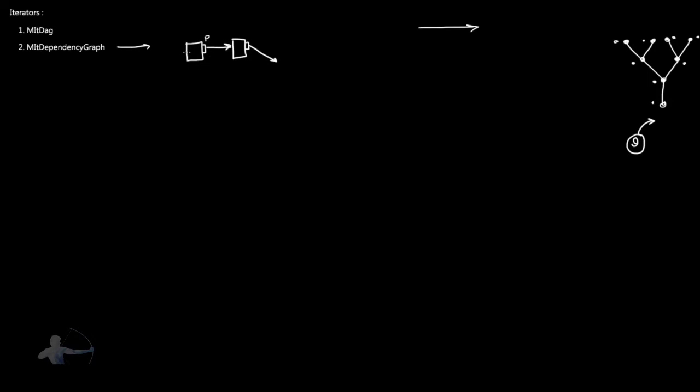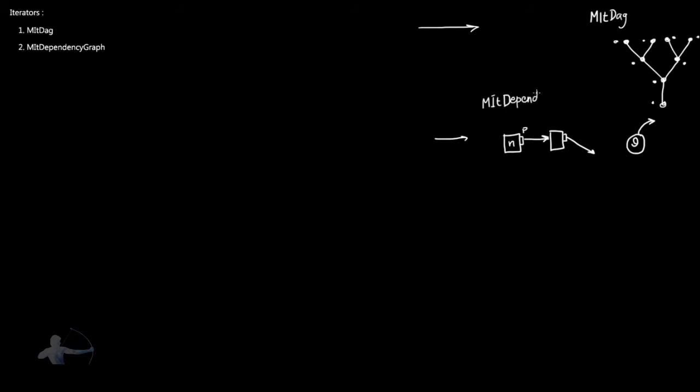These are plugs, these are nodes. So MIT dependency graph is used to iterate the dependency graphs. I would keep labeling them. So this is MIT DAG. This one is MIT dependency graph.